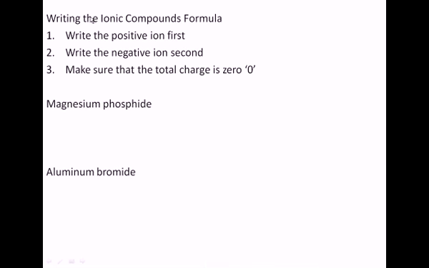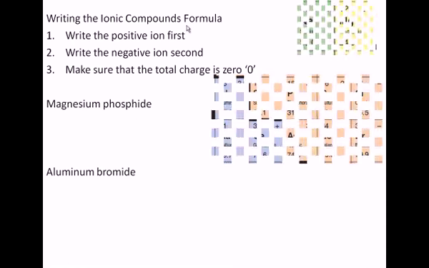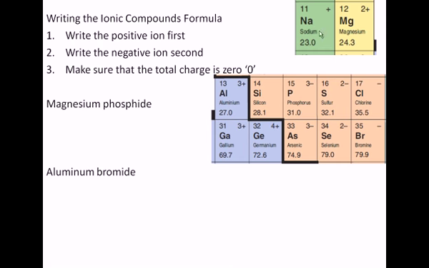Now what we're going to do is write the ionic compound formulas. We're given the name, like this one, magnesium phosphide, and we're going to give the formula. So here is a piece of the periodic table again. The first step in writing the ionic compound formulas is you write the positive ion first. So here's magnesium, and we find magnesium right here.